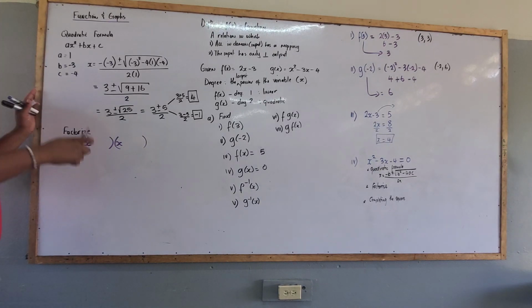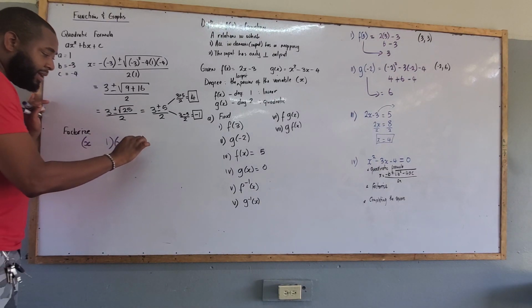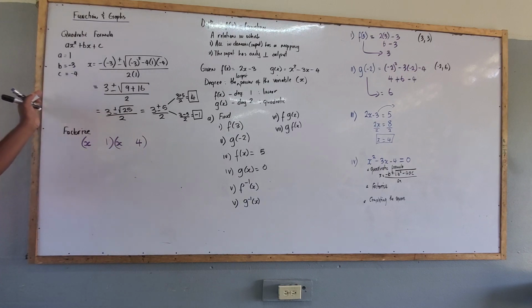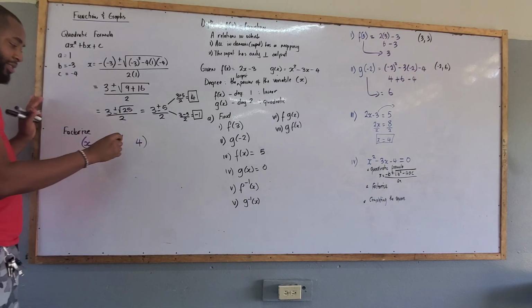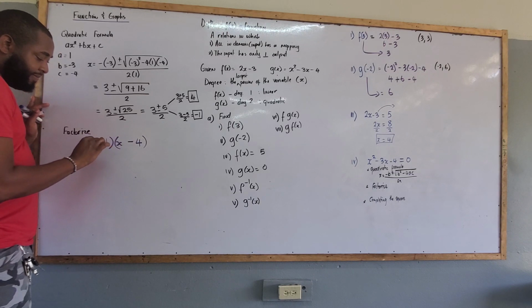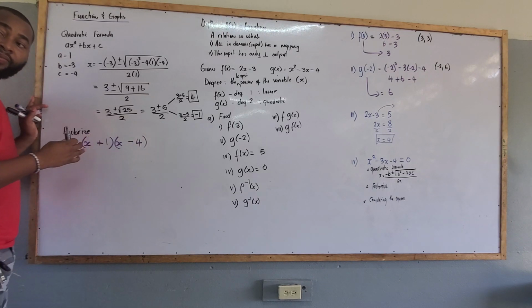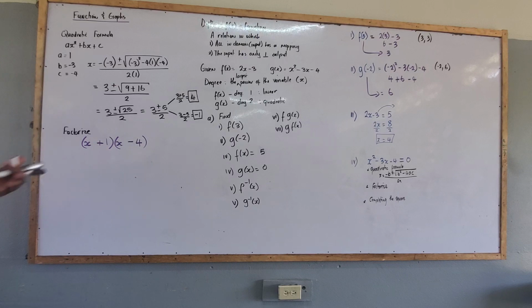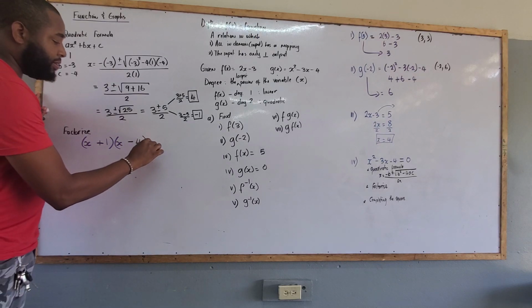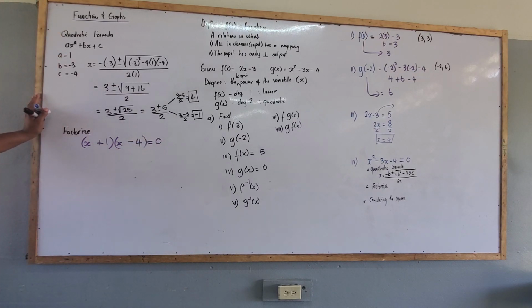So what are the 2 numbers? Plus 1 and 4. How can we place them so we get negative 3? The larger number takes the negative. Finish. So this is how we use it, and then we just set this equal to 0.